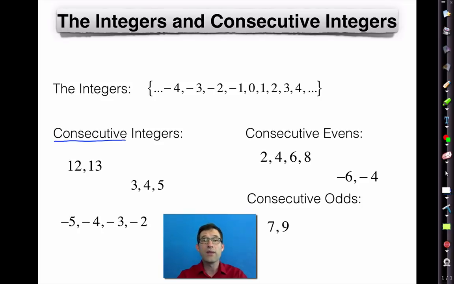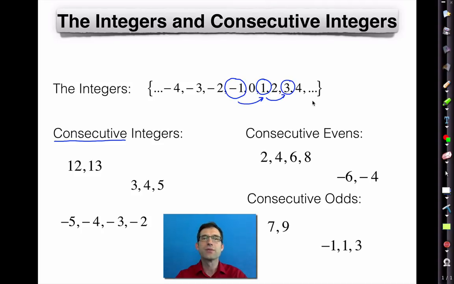Now watch out, we can even have kind of confusing consecutive odd integers like -1, 1, 3. If you don't believe me, take a look right up here. Here's my -1, then my 1, then my 3. Consecutive.